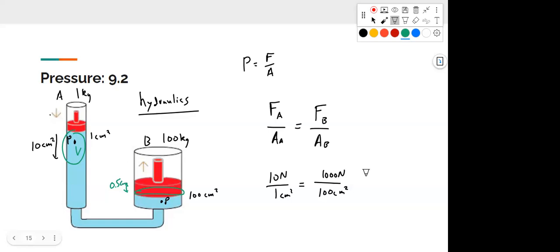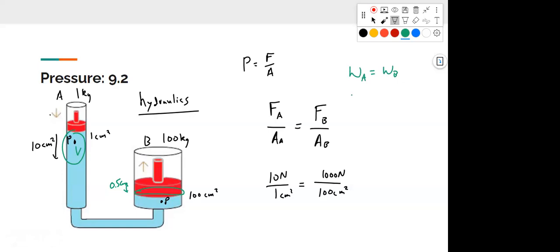Right, so the way that this isn't just a broken bit of physics, and the way that it's not as good as it sounds at first, is that if we wanted to lift the heavy thing, we have to move the little side a really far distance to move the big side a little bit. And so what that tells us is that the work we're doing on side A is the same as the work we're doing on side B, right?